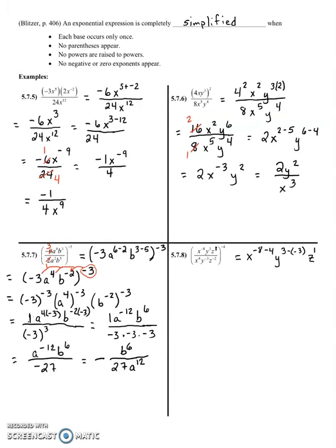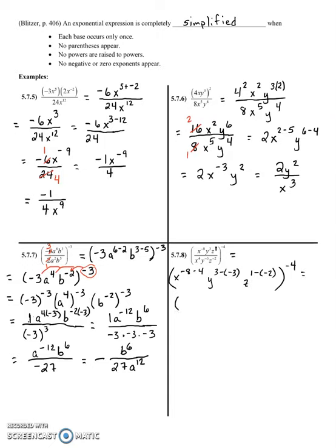So we have z to the 1 minus a negative 2, and all of that should be to the negative 4th power. I ran out of room, so I'm just going to rewrite all of that. And z to the 1 minus negative 2. And all of that is to the negative 4th power.